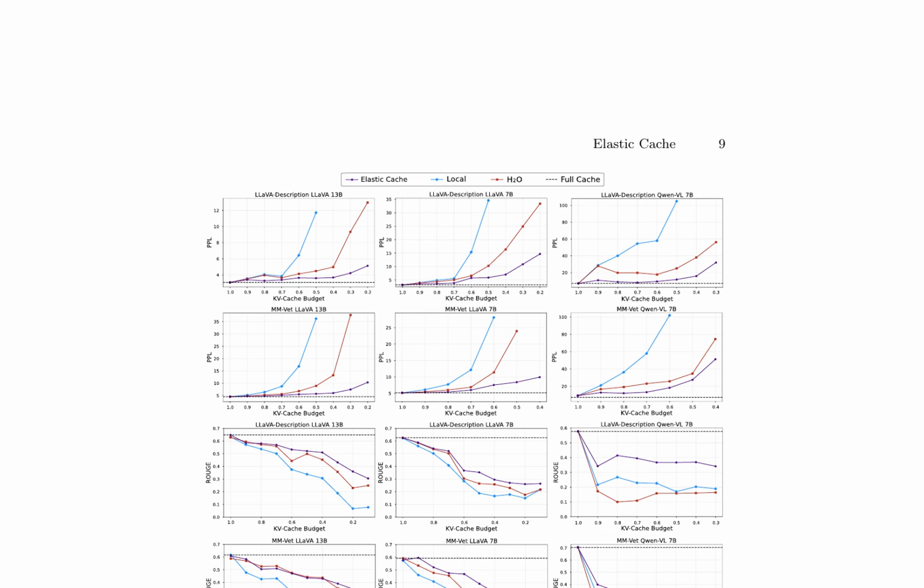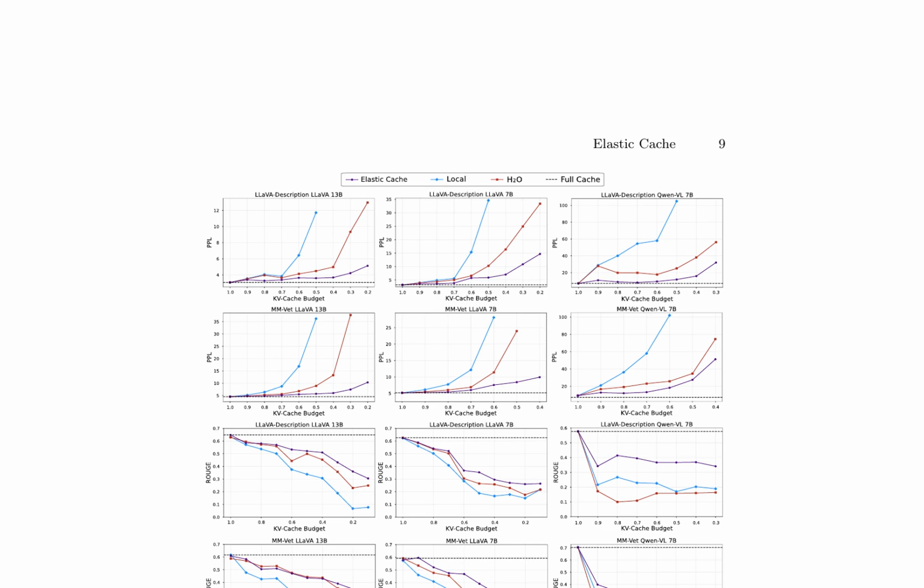The authors evaluate the elastic cache method on visual instruct following tasks, comparing it to baseline models such as LLaVA 1.5 of varying sizes and Qwen-VL 7B. The results, presented in Figure 2, demonstrate the consistent outperformance of elastic cache on both perplexity, PPL, and Rouge metrics.